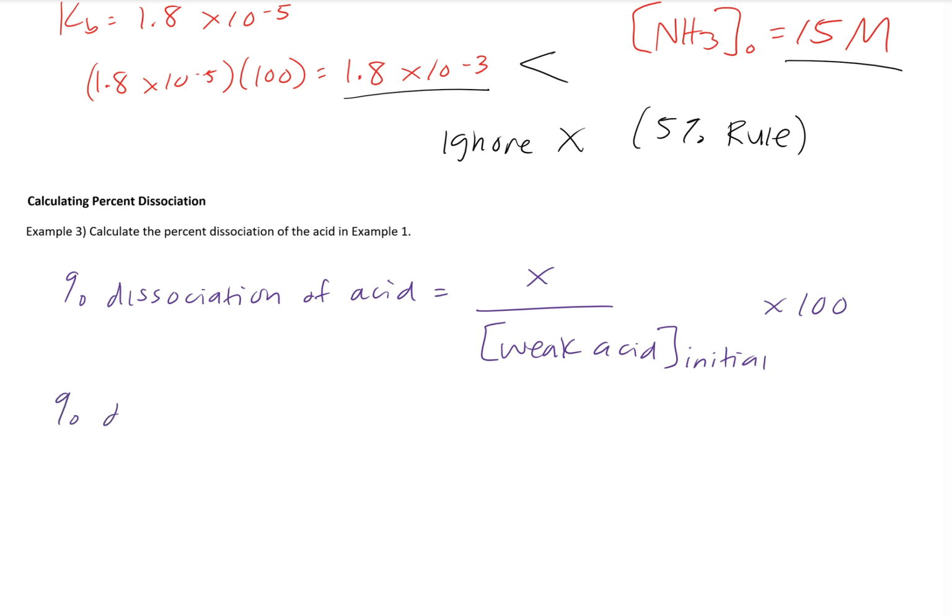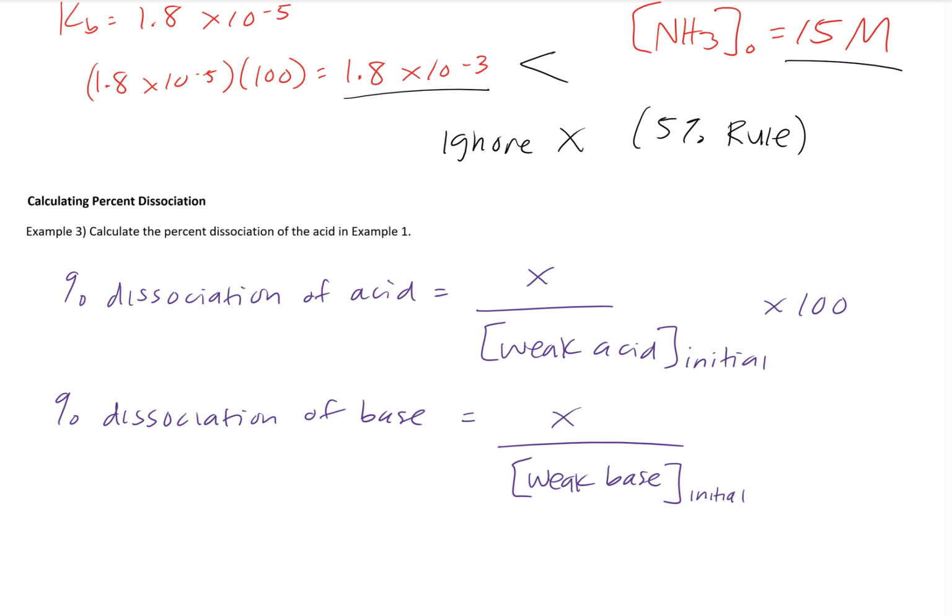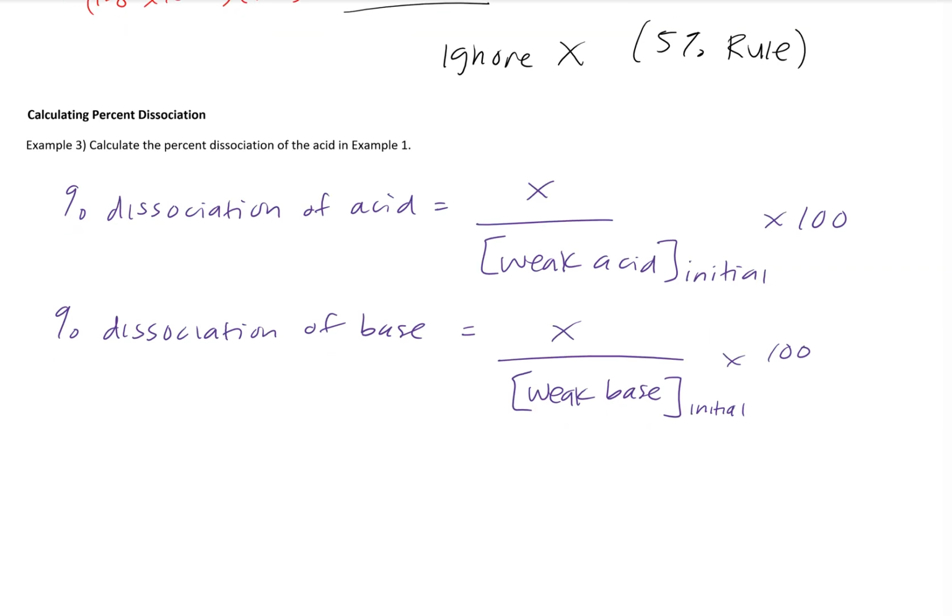If I had given you a problem with a base, it's still X over the initial concentration, but now instead of acid, you put in the word base, still over the initial, times 100. So I'm asking you to solve for the percent dissociation of the acid in example number 1.